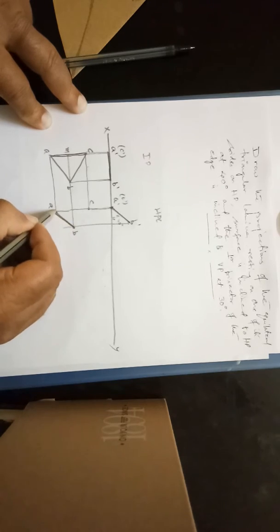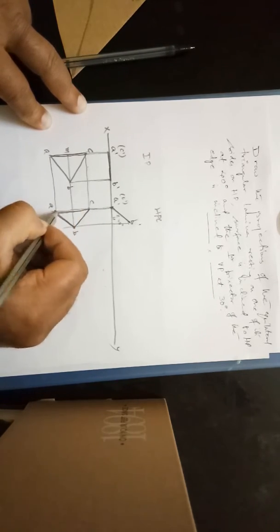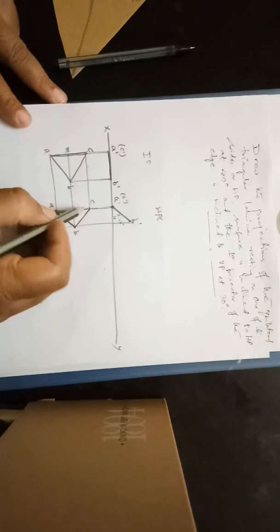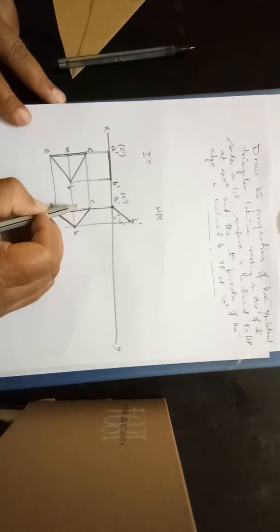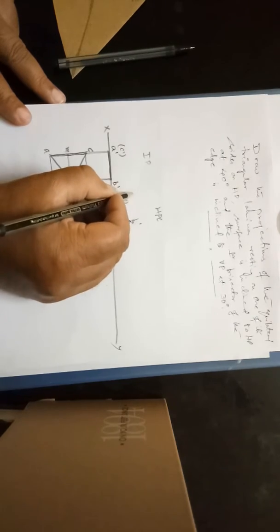Join A, B and C. This will be the second top view. That is the HP condition. Now here this will be your M. Okay, so here M also is invisible.